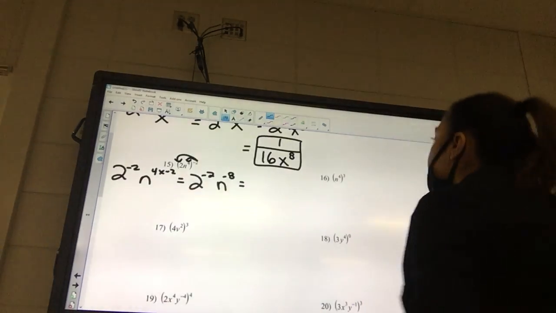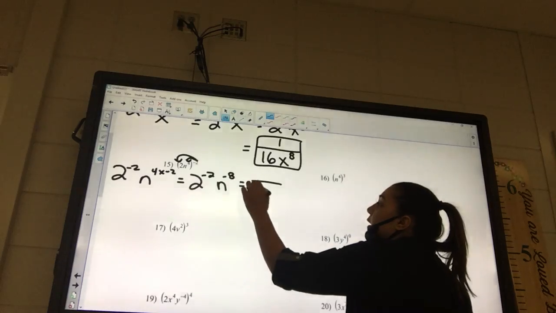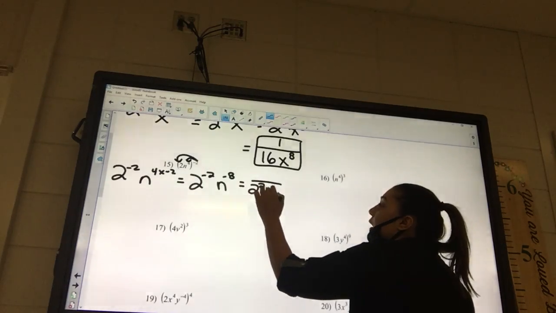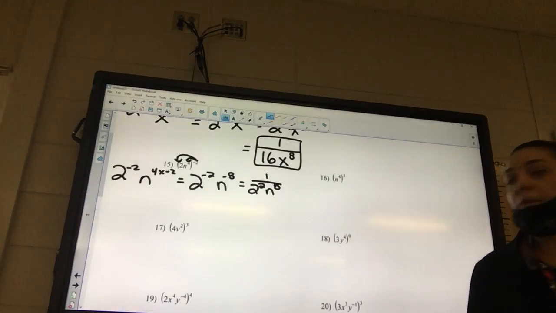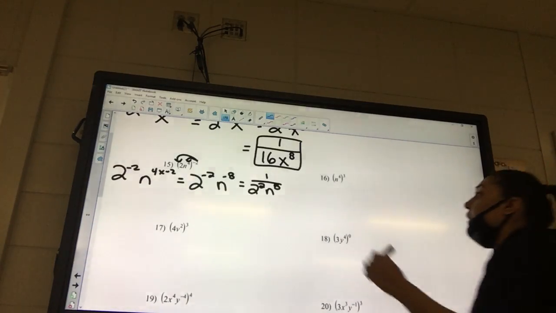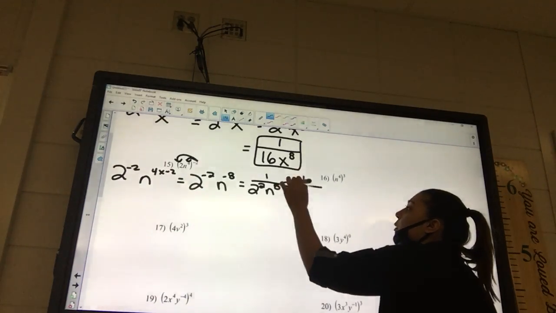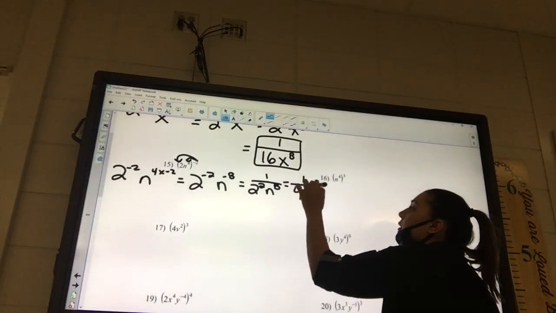Our negatives need to go on the bottom. So I got 2 to the 2, n to the 8th, and I'm going to have a 1 on top. And that 2 squared is going to be a 4, n to the 8th.